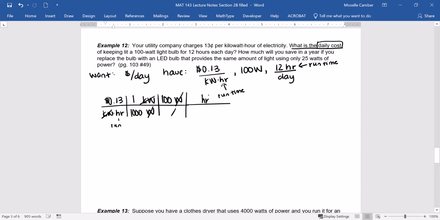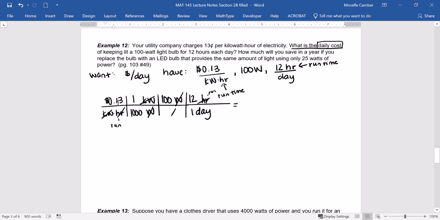So we need to have another run hour. And we do have this: we have this 12 hours per day. So I have 12 hours for one day. So hours are canceled. This is just the day of the year, and again, this is also the day of the year. I just want to know how much we're going to have to pay every day. So everything is canceled except for what we want.